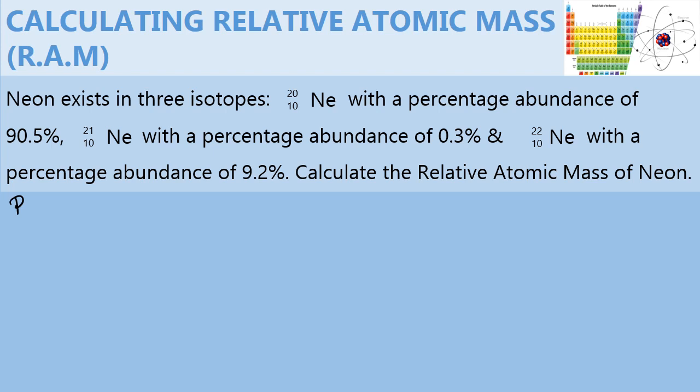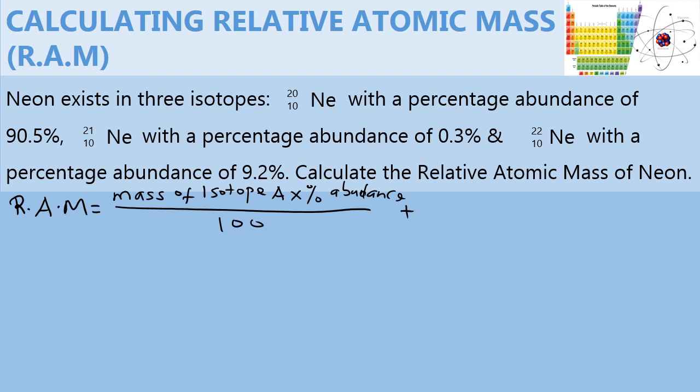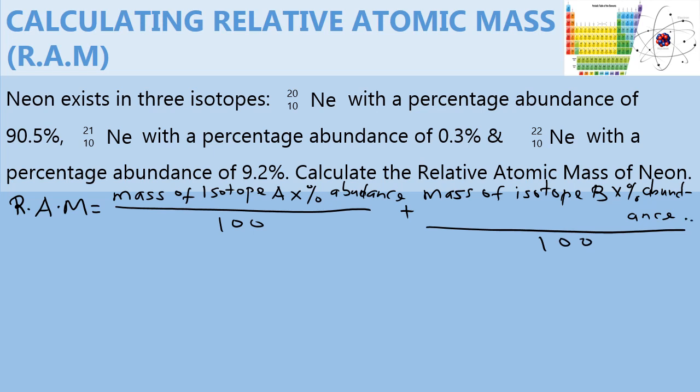Remember our formula: relative atomic mass is equal to the mass of the first isotope, you can call it isotope A, times the percentage abundance divided by 100, plus the mass of isotope B times the percentage abundance divided by 100, and so on and so forth.